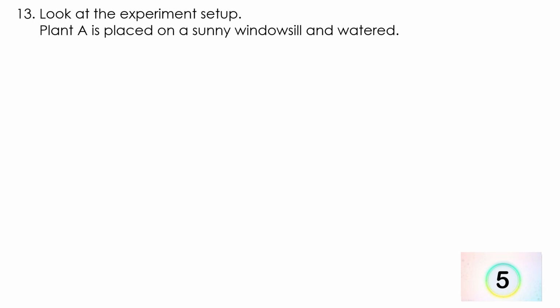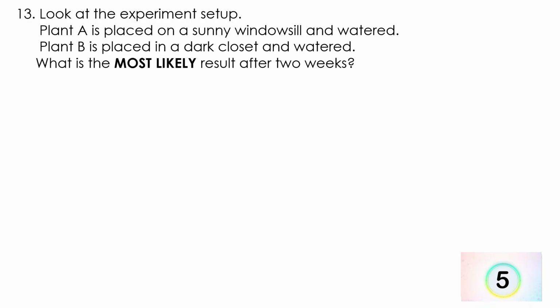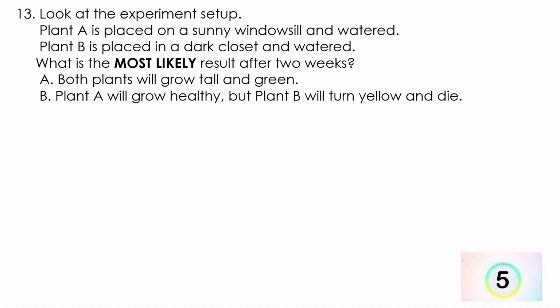13. Look at the experiment set up. Plant A is placed on a sunny windowsill and watered. Plant B is placed in a dark closet and watered. What is the most likely result after 2 weeks? A. Both plants will grow tall and green. B. Plant A will grow healthy, but plant B will turn yellow and die.